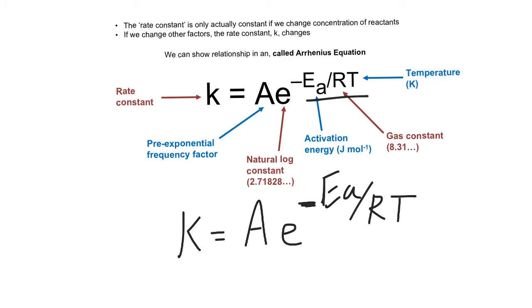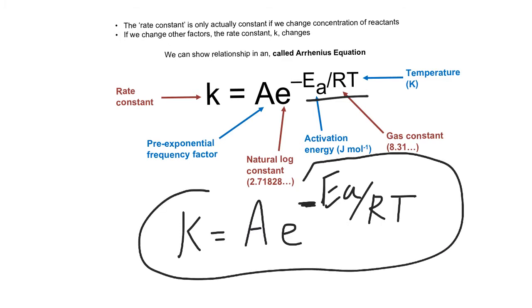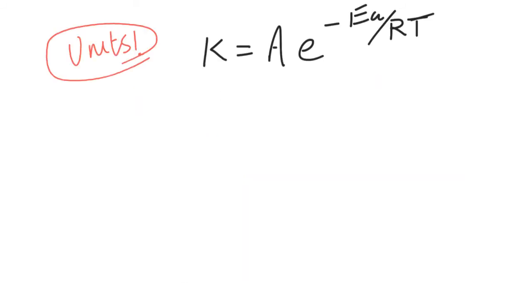We're going to look at each part of this. The first part of this video lesson is about looking at various factors and the units, and trying to understand the original form, rearranging it and converting this equation into the logarithmic form.